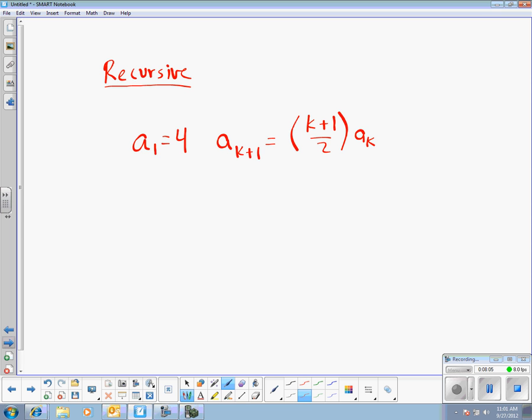Recursively just means that we are going to determine what I would call the next term based on the current term. Okay, so if you know the first one, you can find the rest based on it.